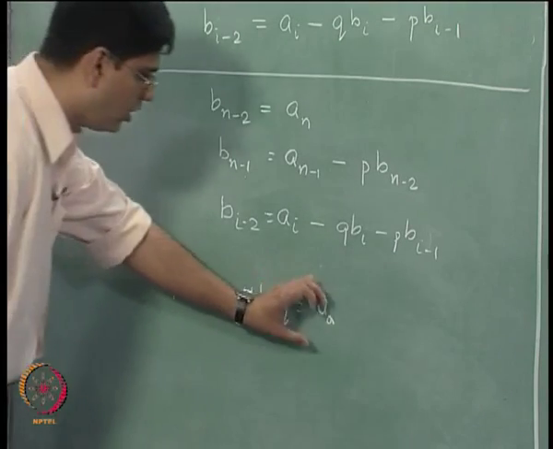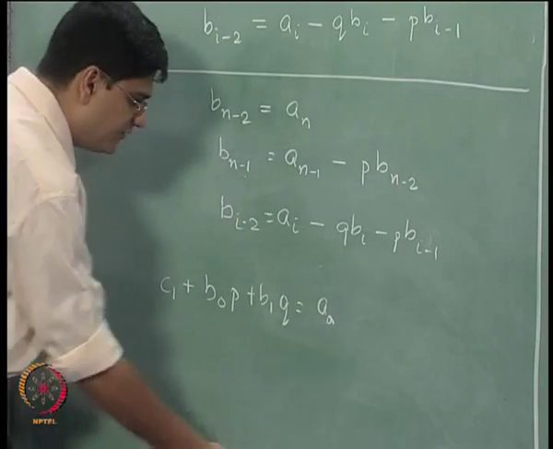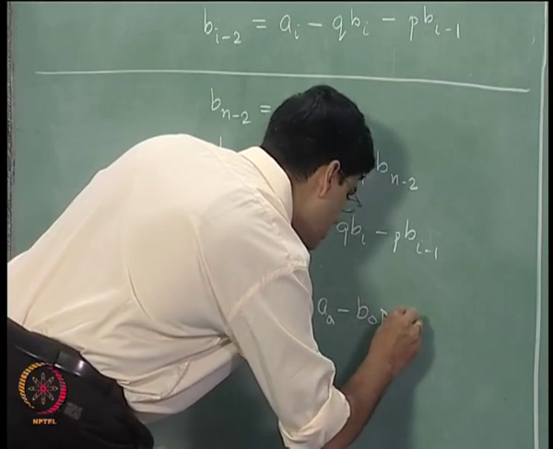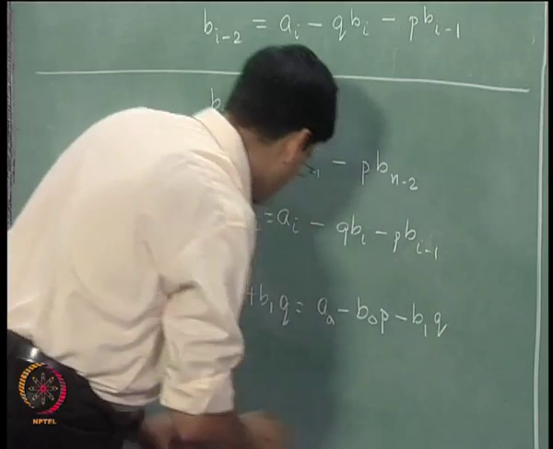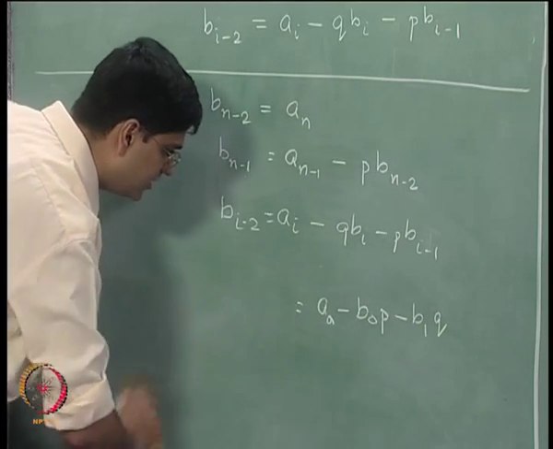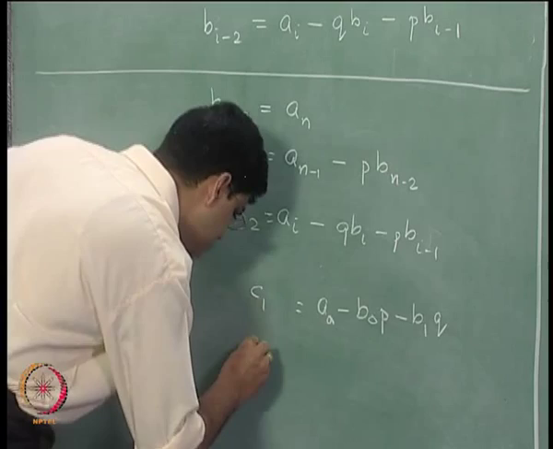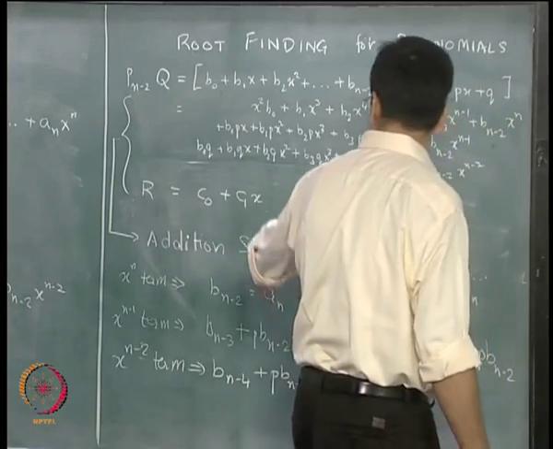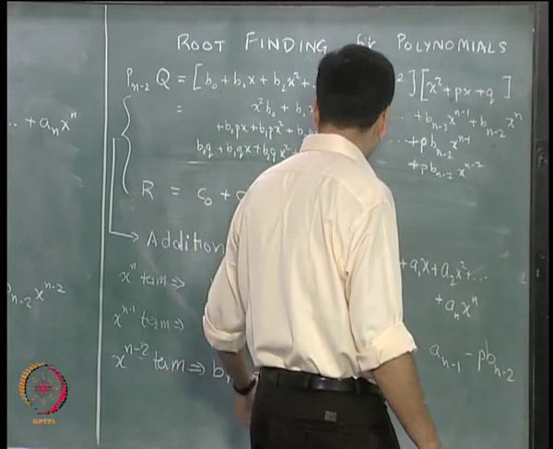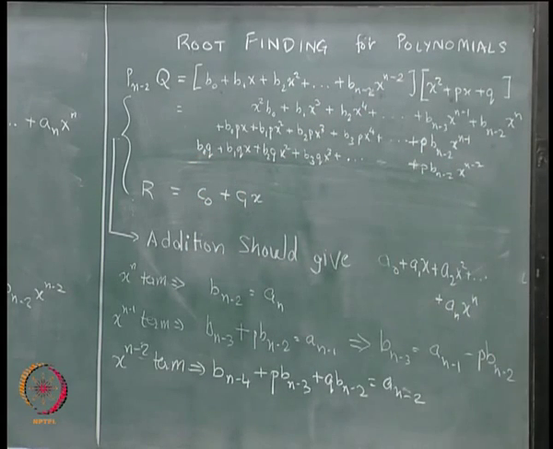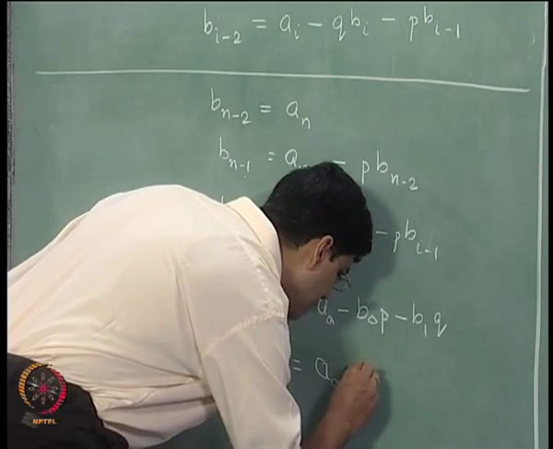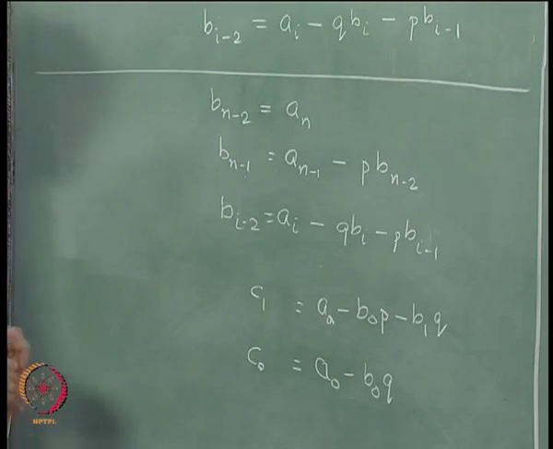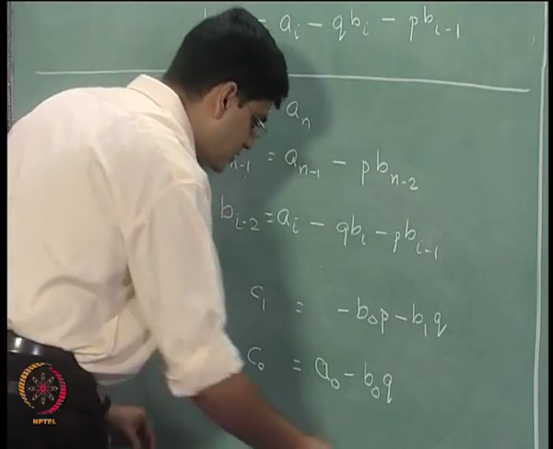So we take all these terms to the left hand side and we get c1 as a1 minus b0 p minus b1 q, that is going to be our c1, and c0 is going to be a0 minus b0 q. This, I am sorry, should be a1.